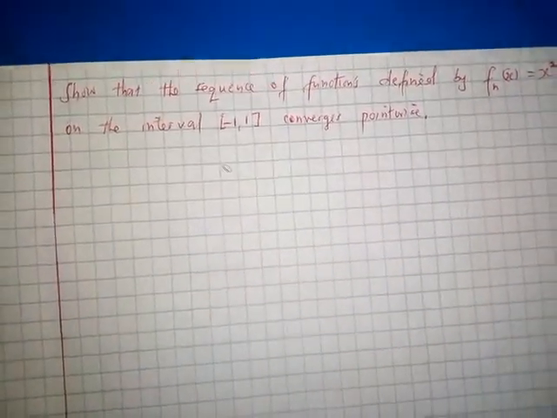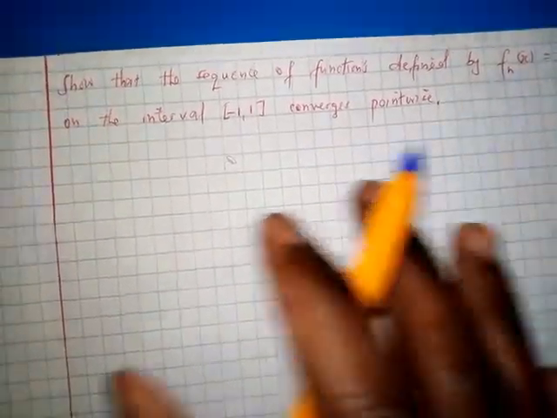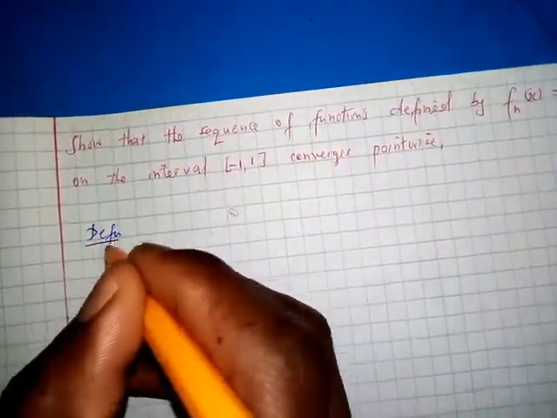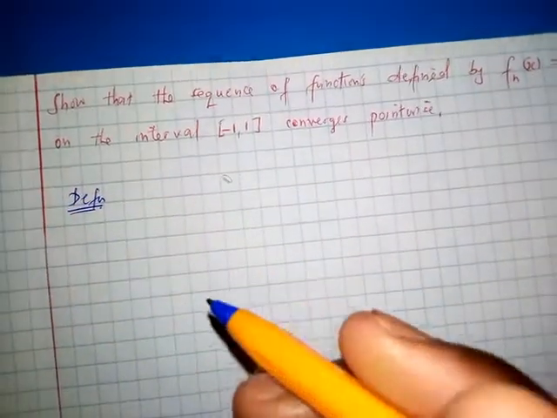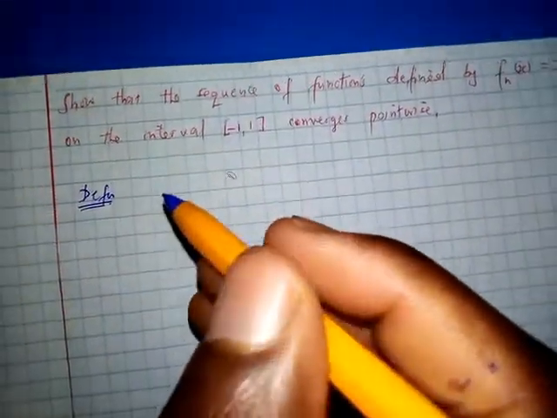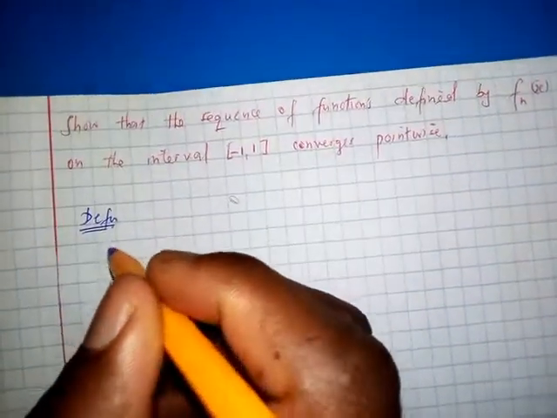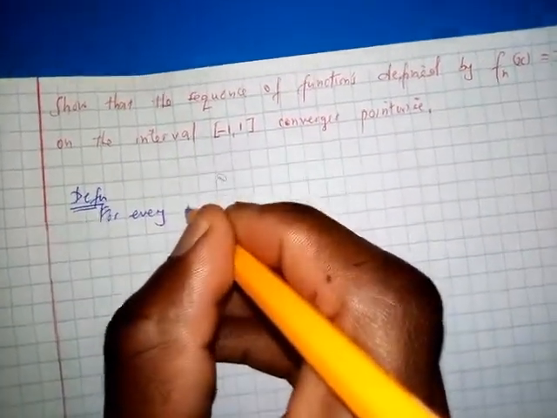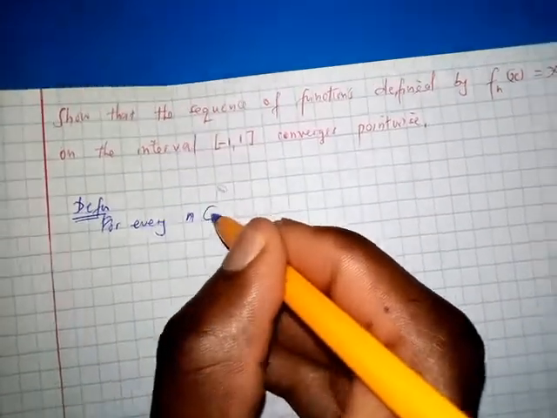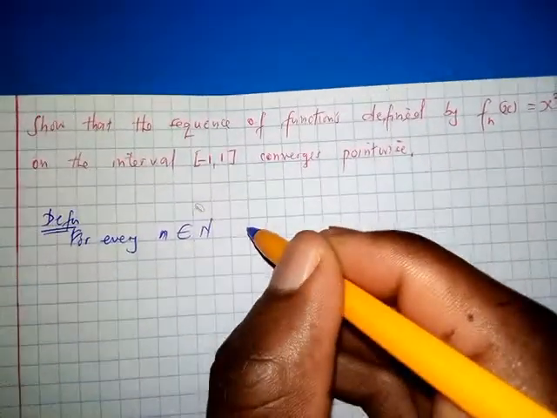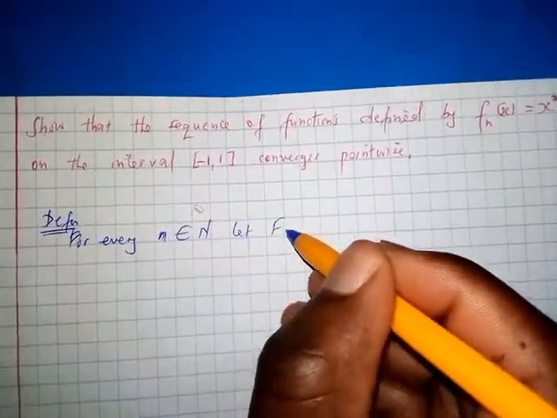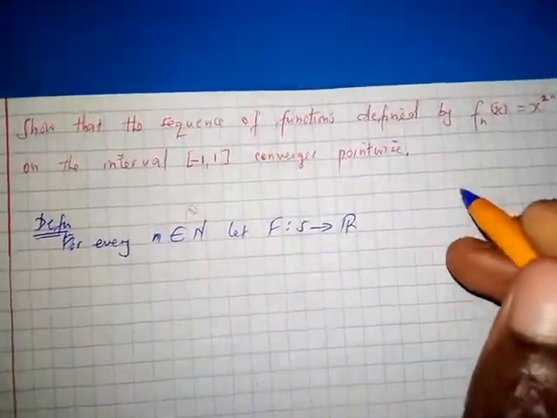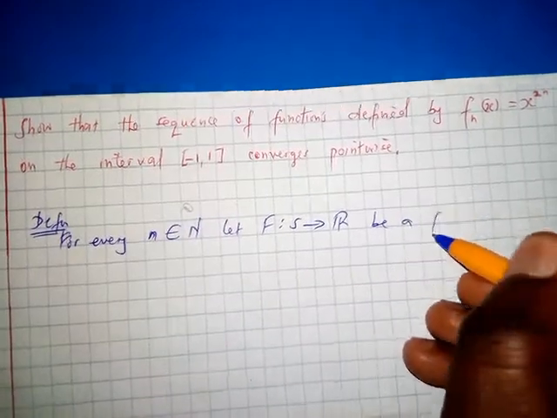So before we solve, let's have a definition. Definition for sequences of functions: for every small n that belongs to the natural numbers, let f_n from S to the real numbers R be a function.